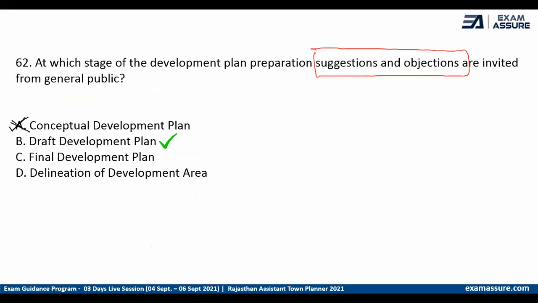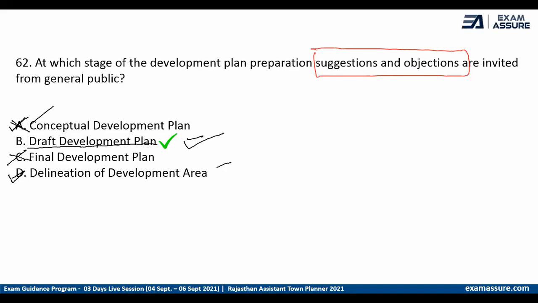Any suggestion or objection or stakeholder consideration cannot happen at the conceptual level or after the final plan is developed. So you may have a guess between these two, but objections are only invited when you already have a plan in place. That is a draft plan. So after the draft development plan is placed, you normally have your general public invitation for any objections.